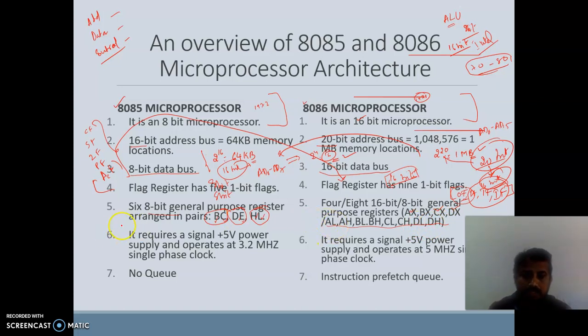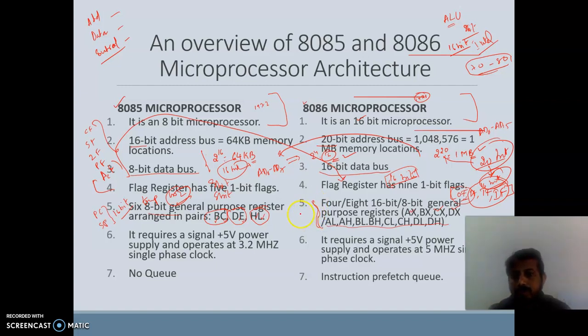In addition to these registers, there are more registers, namely the program counter and stack pointer. These two are 16-bit registers. Some temporary registers are there in 8085, that is W and Z, these two are temporary registers. And in addition to this, in your 8086, we have a very lengthy set of registers.